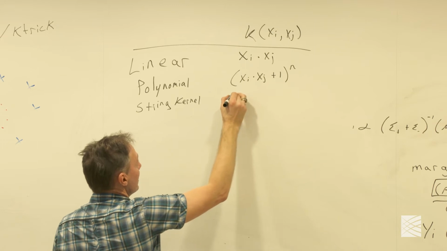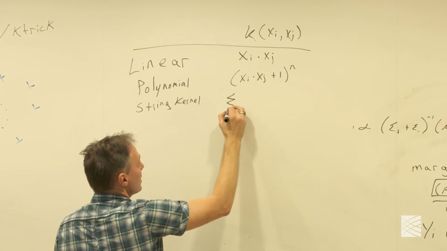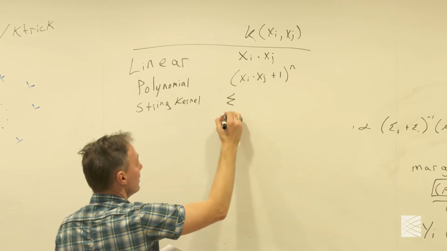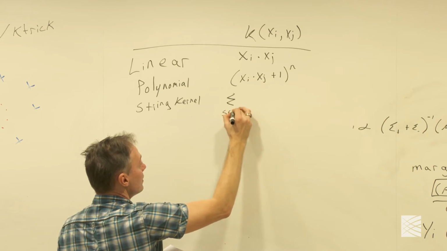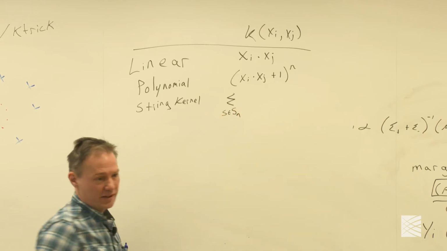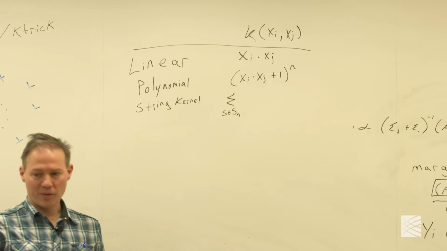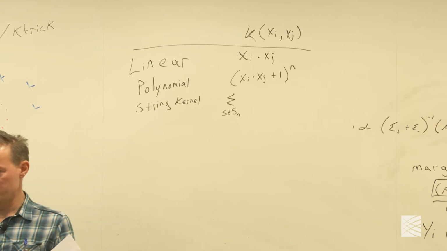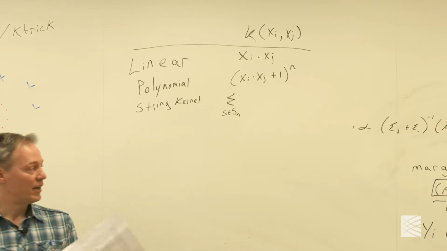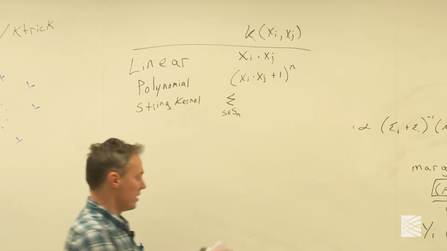So I'm going to take all possible k-mers of length n, and I want to look at two strings and compare and see how similar they are.